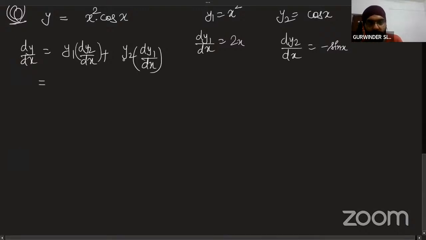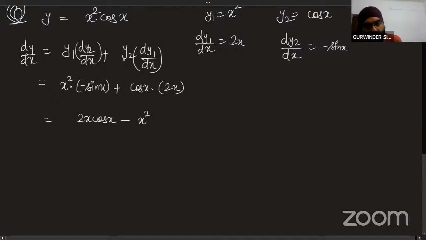So you are keeping the first intact, so it is x square multiplied by the second, which is minus sin x, plus y2. Y2 is cos x multiplied by the derivative of the first, 2x. So this is your final answer: 2x cos x minus x squared sin x. This is your final answer.